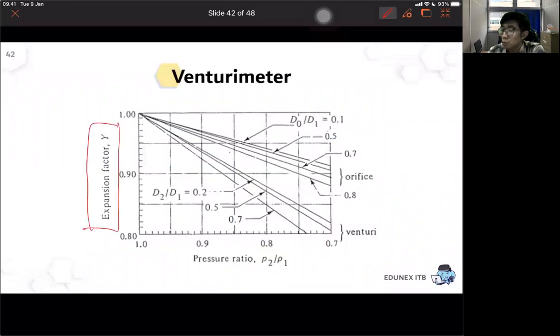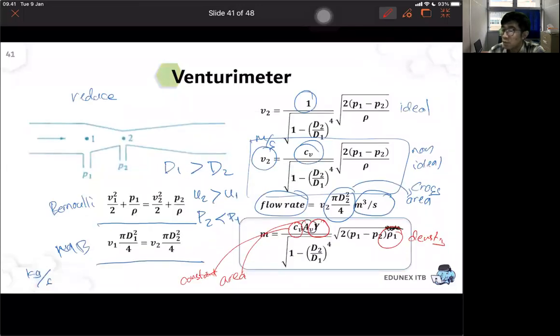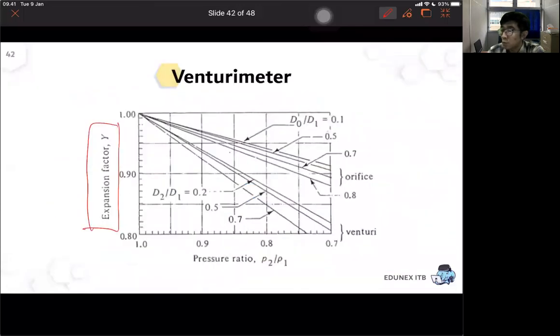So you need to correlate the pressure ratio P2 per P1 and the ratio of the diameters, beta. You take these two parameters and use this graph to calculate the expansion factor.